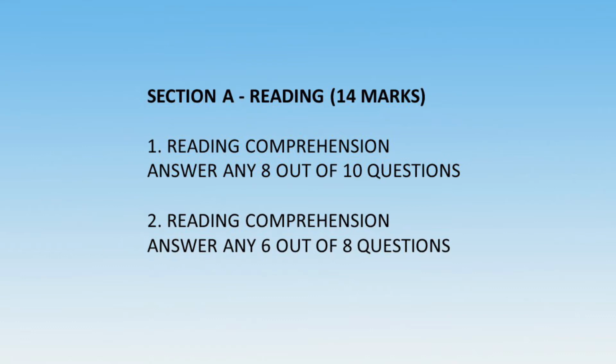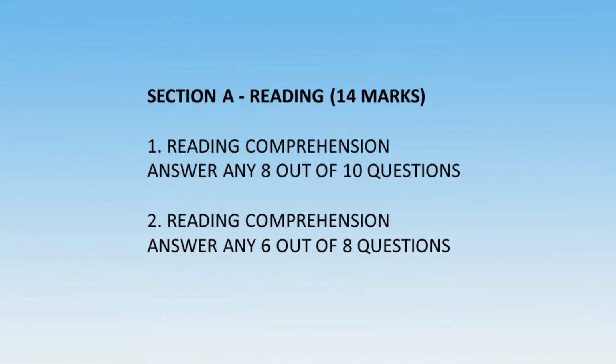So section A, I told you, is the reading section, which carries 14 marks. So you will have 2 reading comprehensions. The first one will be about 400 to 500 words and the second comprehension would be somewhere between 300 to 500 words.